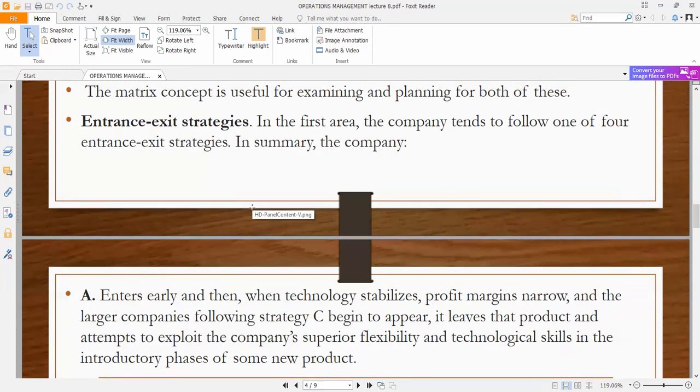Then exiting strategy. One of the major exiting signs is the encountering of losses. If you begin to encounter losses, or if you begin to break even, where you don't make any profit at all and you're just working for salaries for workers, then it is a high sign that you need to find ways of exiting the market.